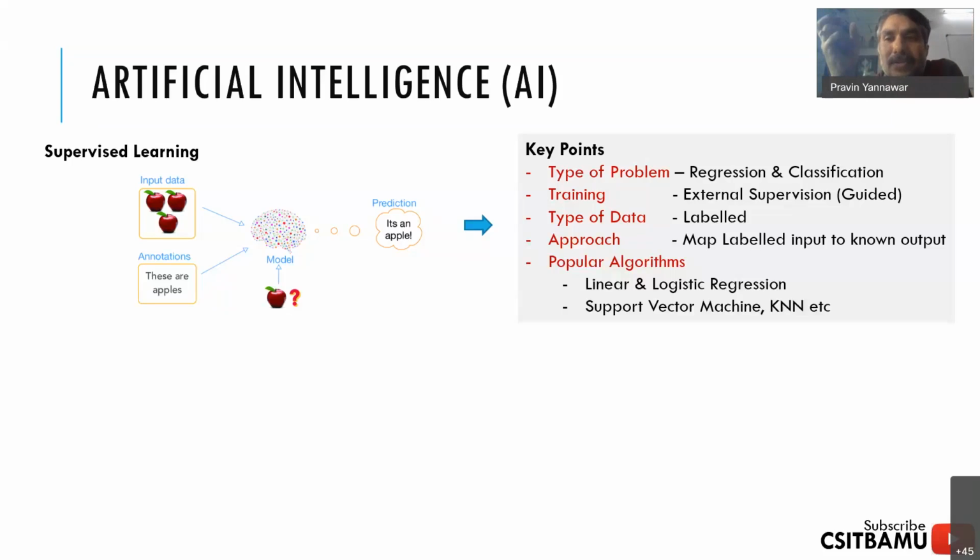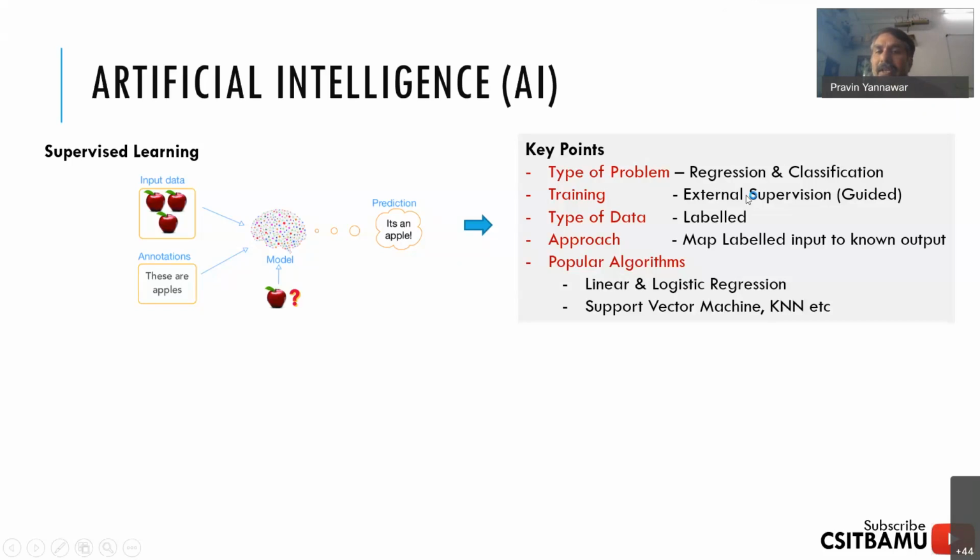Now it is the responsibility of the model to determine whether the provided sample belongs to the Apple class with respect to the annotation, yes or no. Based on that, the model has to work and the prediction goes forward. So this is done with supervised learning.